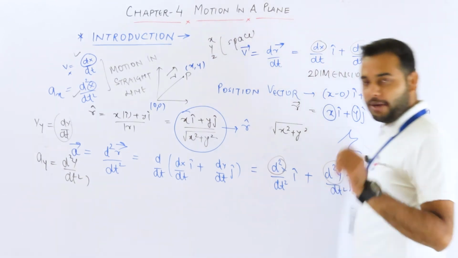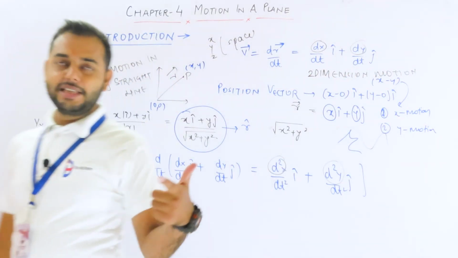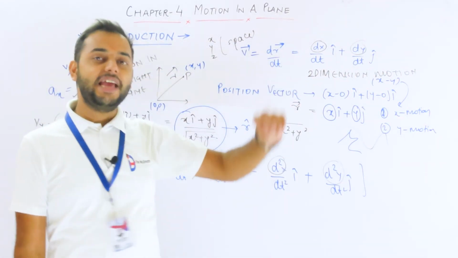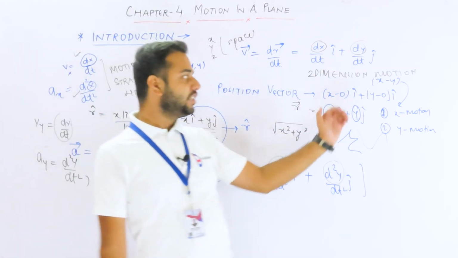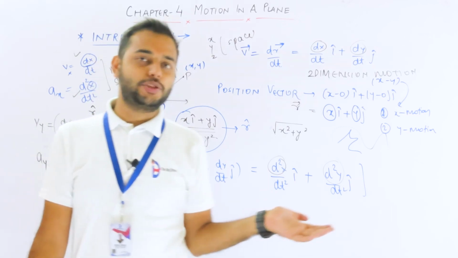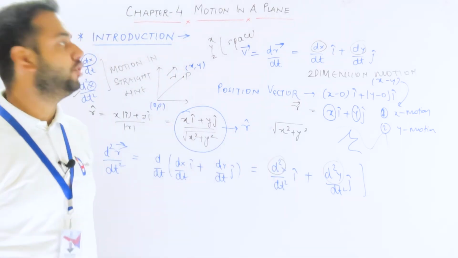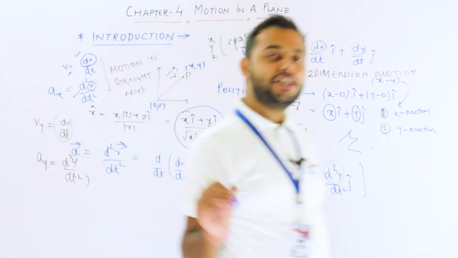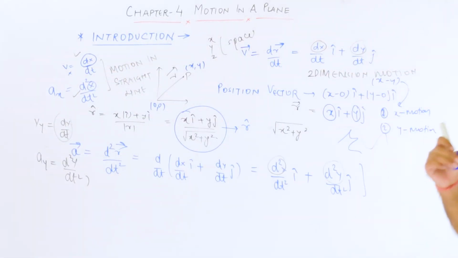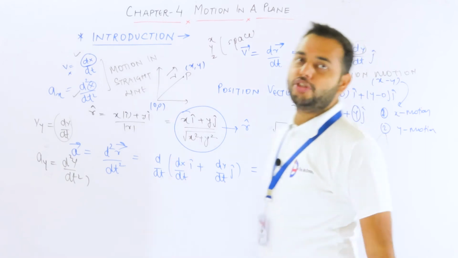Keep remembering that. I will say this again. Two-dimension motion is a combination of two straight line motions, one in x, one in y. If you add both of these, then obviously you will have a two-dimension motion, or motion in a plane. So do remember this, motion in a plane is simply an extension of motion in a straight line.